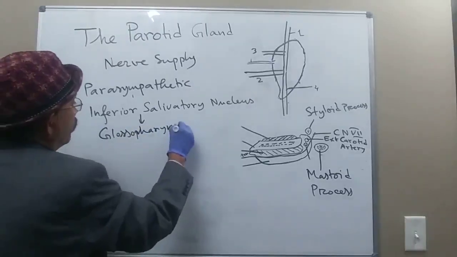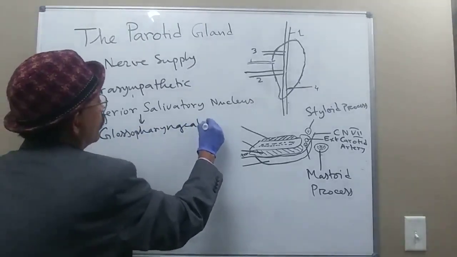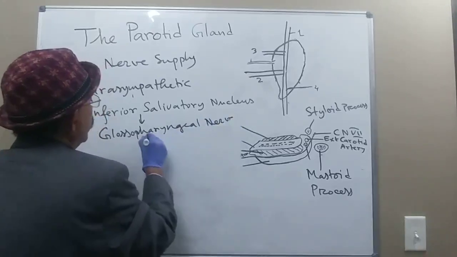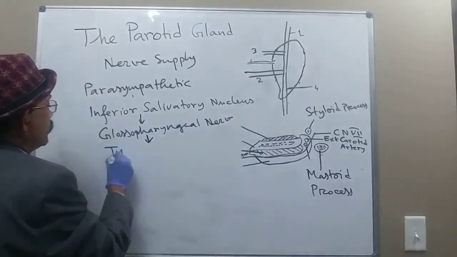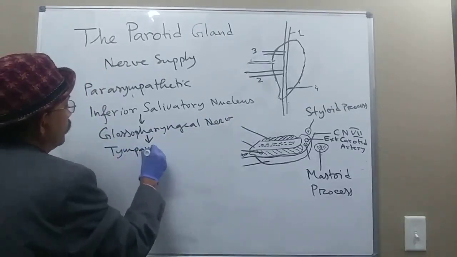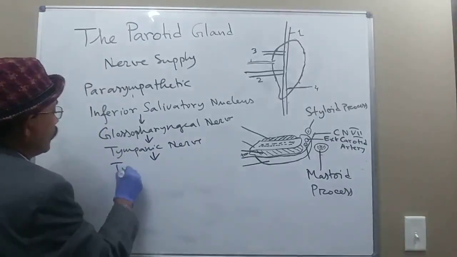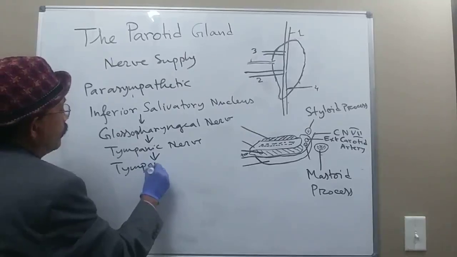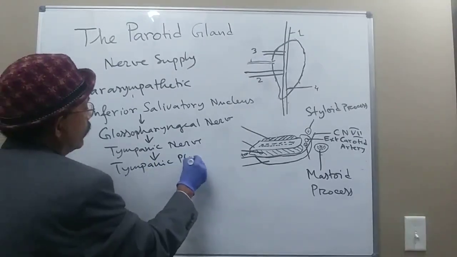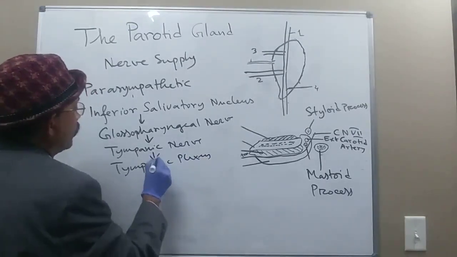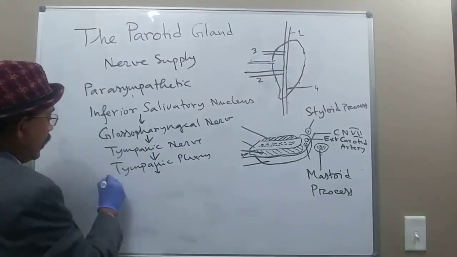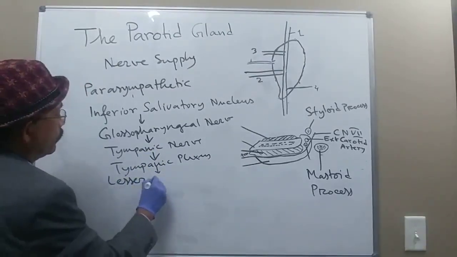Okay, then we'll get the tympanic nerve. Then we'll get the tympanic plexus. Then from tympanic plexus, we'll get the lesser petrosal nerve.